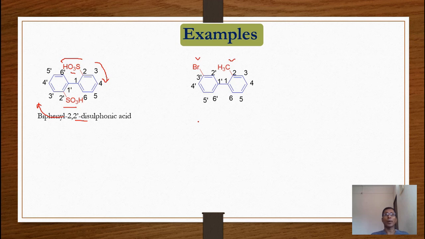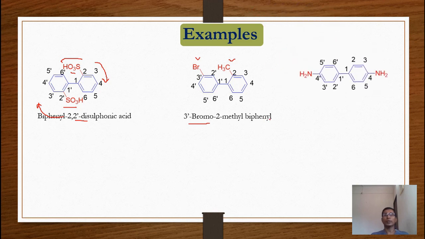Thus, the IUPAC name of this molecule is 3-bromo-2-methyl biphenyl, or instead of biphenyl, you can put the word diphenyl. It is correct. Thus the name is 3-bromo-2-methyl biphenyl. Let us see the next example.